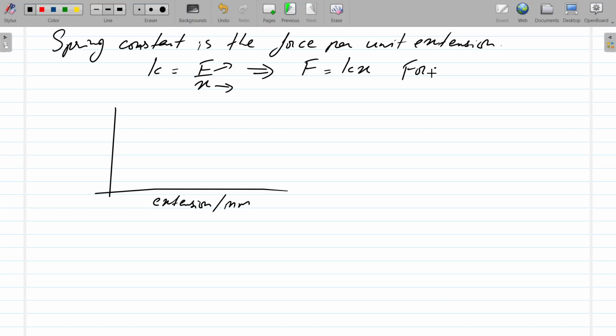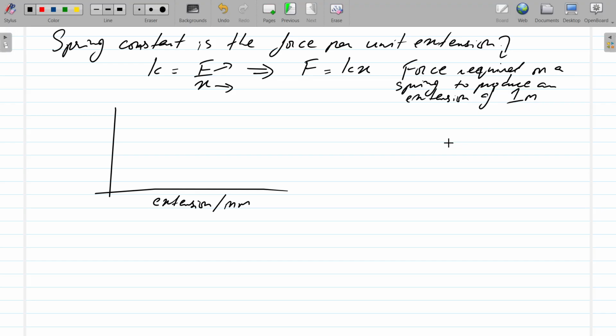So, the force required on a spring to produce an extension of 1 meter. Now, obviously, we don't have those huge springs that can actually stretch 2 meters.